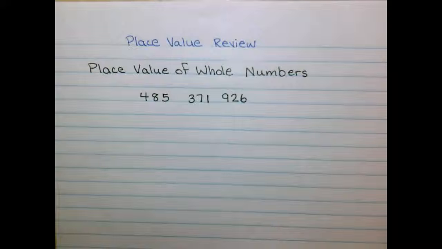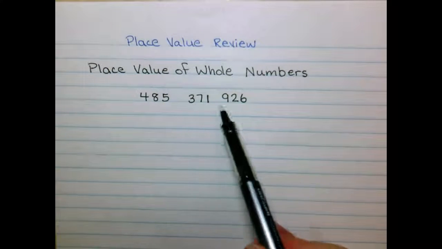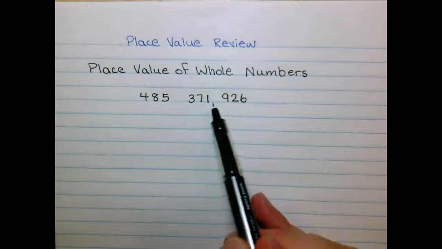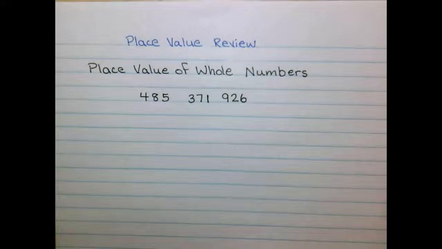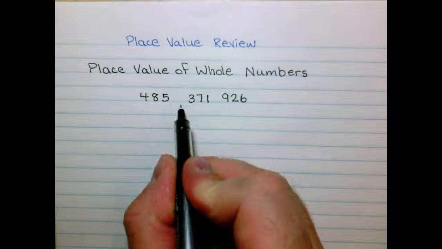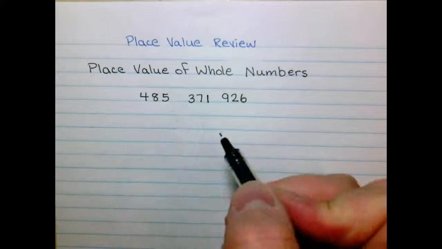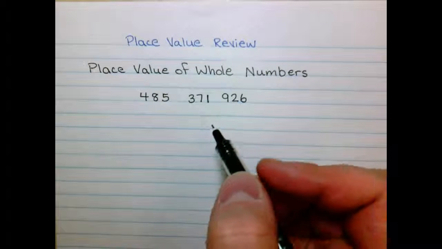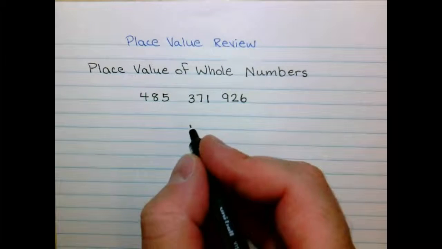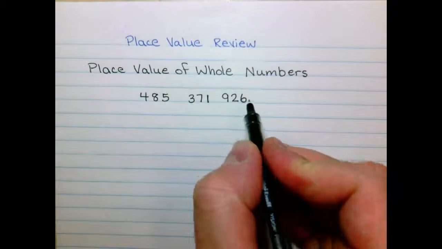485,371,926. You'll often see numbers written in groups of 3, separated by either a space, or if it's an American resource, you will see them marked with a comma. But in Canada, we use the space. And just for some background information, the reason we use the space: this is the Canadian way of writing this number.